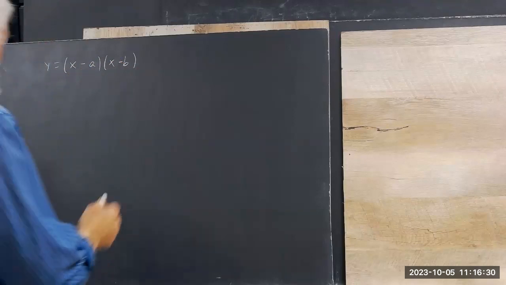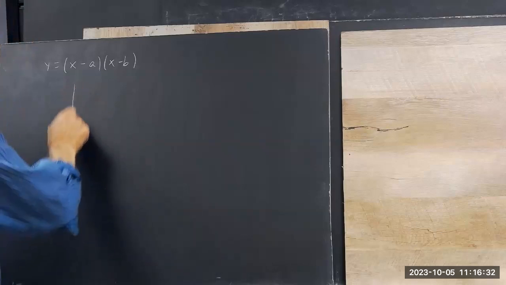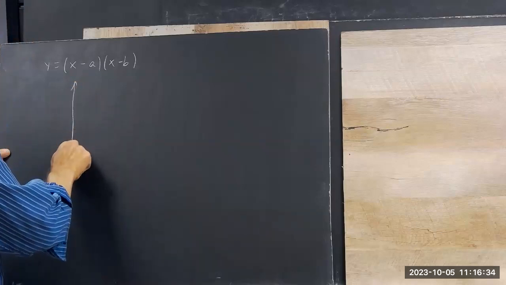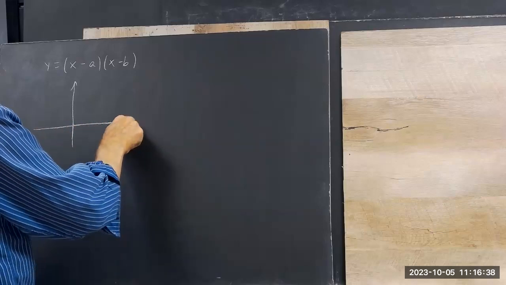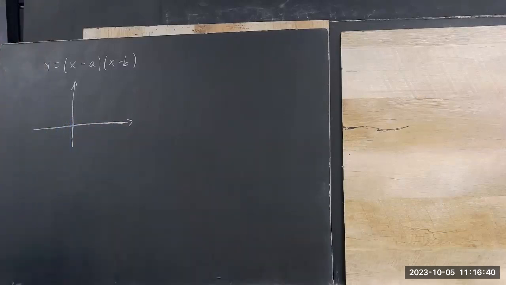Now, this is something that I talked about in my class, but we will, of course, get to this in another week or so. What value, can you give me a value of x, a symbol for a value of x that would make this 0?